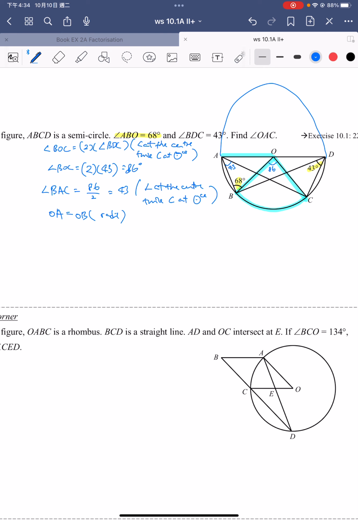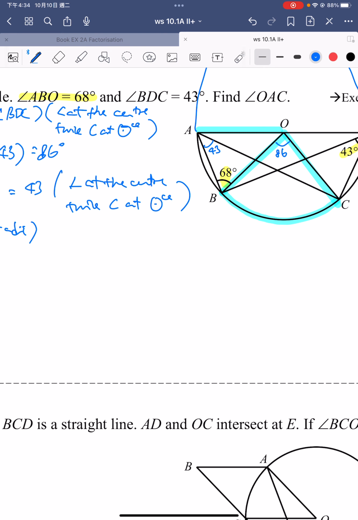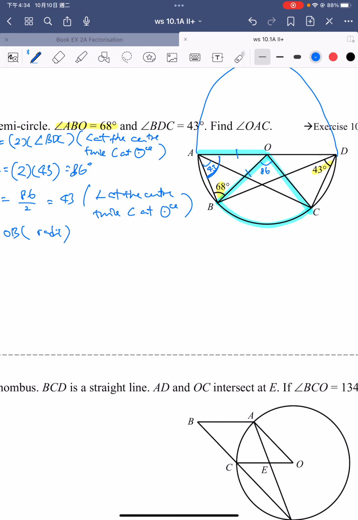What that means is, we understand that these two lines are the same, so the base angles are the same as well. So now we can say that the angle OAB is equal to angle ABO, which will give you 68 degrees. The reason again is using the base angles of isosceles triangles. So now we find out the base angles are 68 as well.